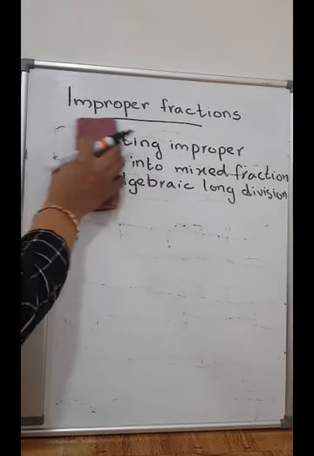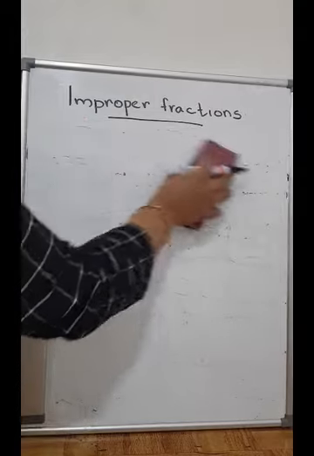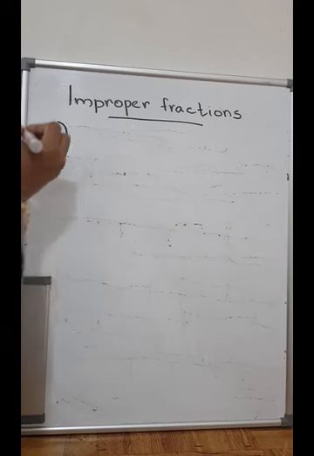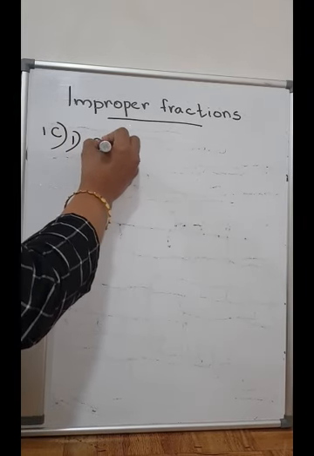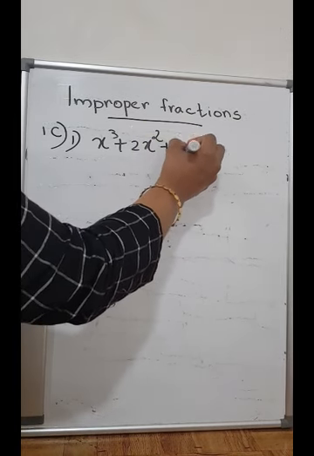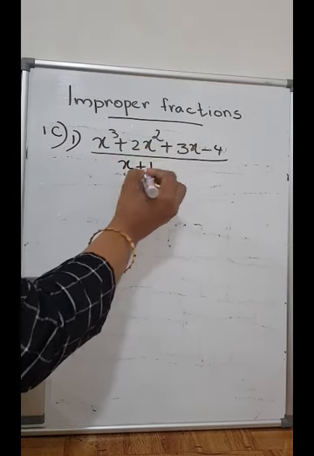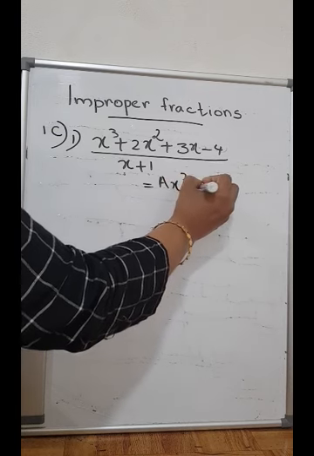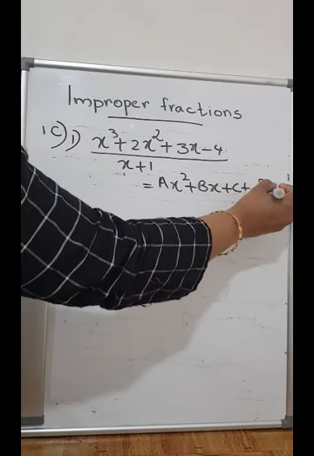The question is, exercise 1C, question number 1 from your textbook. x cube plus 2x square plus 3x minus 4 divided by x plus 1 is equal to ax square plus bx plus c plus d divided by x plus 1.